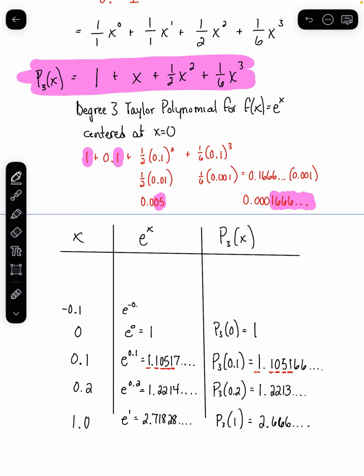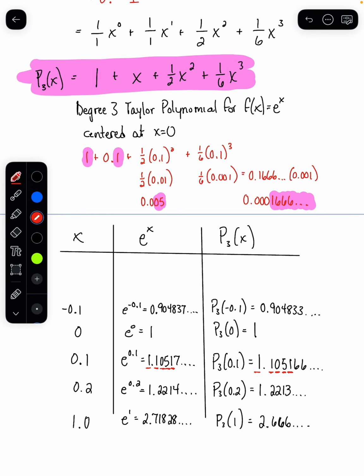It does work just as well going the other way, where if we would have had trouble doing e to the 0.1, doing e to the negative 0.1 would be even more of a pain in the butt. But with the polynomial, it wouldn't be too bad. The polynomial here would give us 0.904833, etc. Whereas the calculator for e to the negative 0.1 would give us 0.904837.